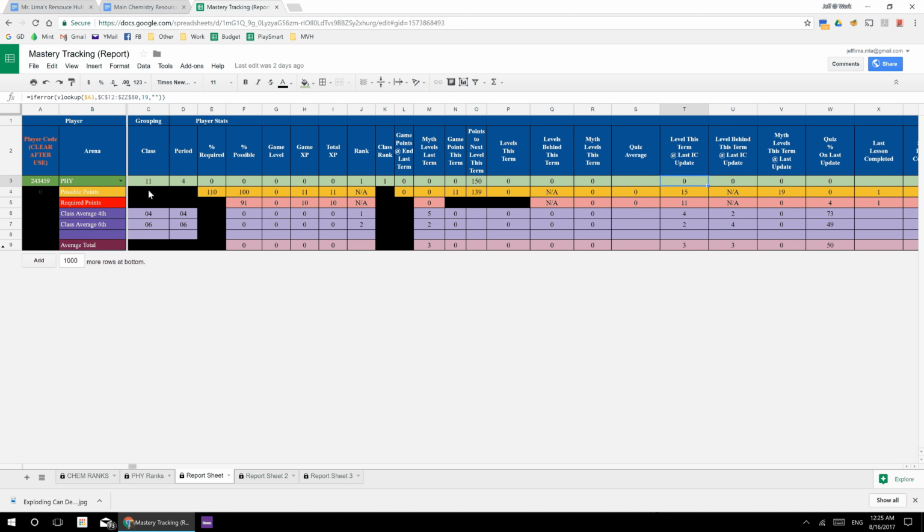Then you get the levels that you have this term since I updated the grade book for the last time. The reason I have this column is that, for example, if it says you have 5 levels this term, but 4 levels this term since the last update of the grade book, that means I have not updated the grade book since you leveled up, but very soon you will level up again.